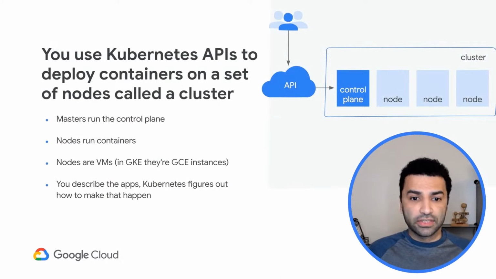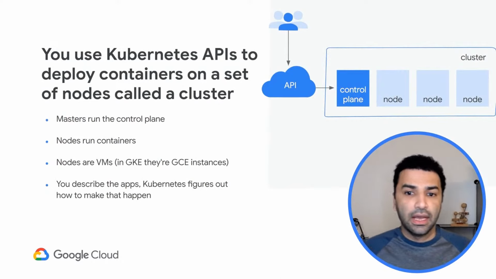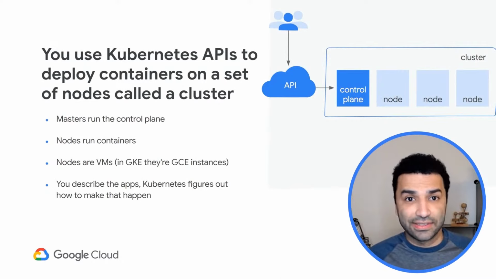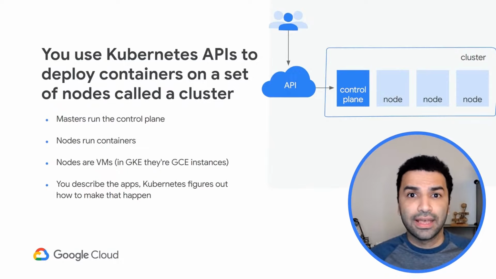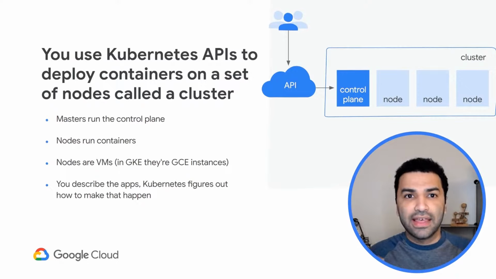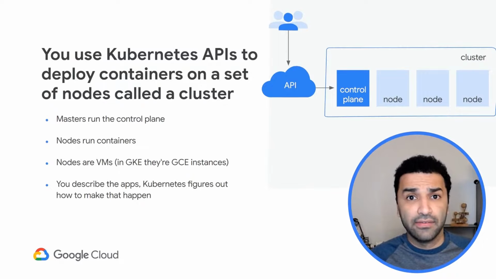But the interesting thing about Kubernetes is that it creates what we call a cluster. This cluster needs to have a master node that is responsible for the APIs, the administrator APIs to manage the cluster. And then you define the number of nodes that are going to be available inside your cluster.